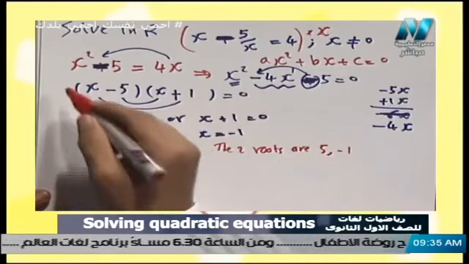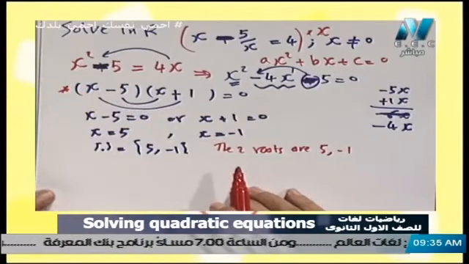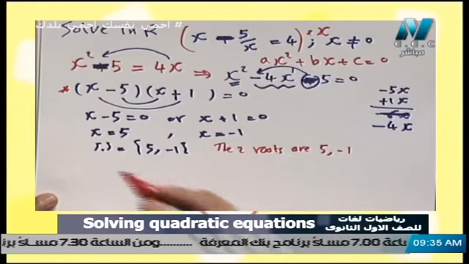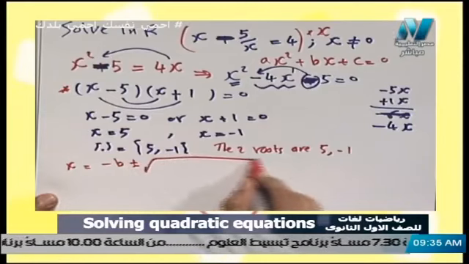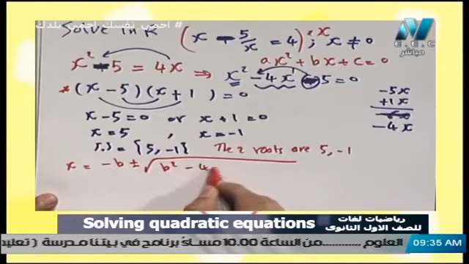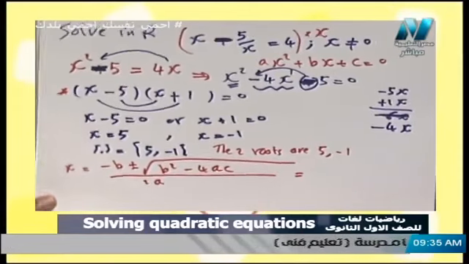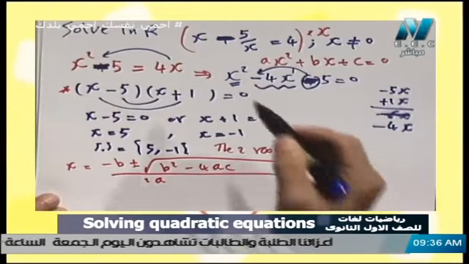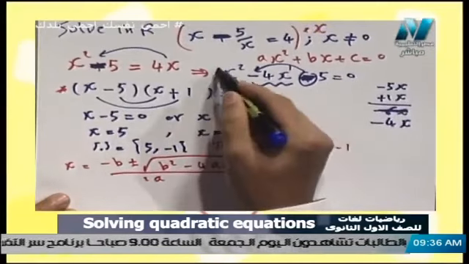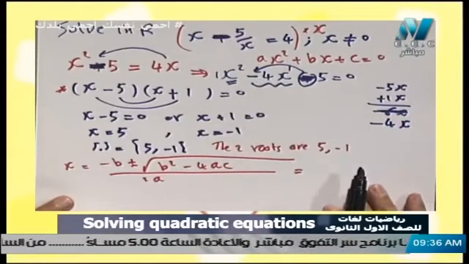This is by the factorization method. If we use the algebraic form or formula method, we put x equal negative b plus or minus square root b power 2 minus 4ac over 2a. And by substituting a, b, and c, a here is 1, b here is negative 4, and c is negative 5.